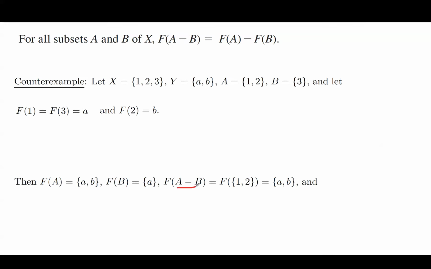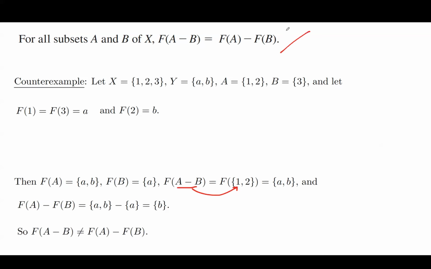So A minus B is this set here. f of A minus B is equal to a and b. And f of A minus f of B, f of A is this set, and f of B is this set. If I do the subtraction between these two sets, I only land with one element. So I just showed that f of A minus B is not the same as f of A minus f of B. So this statement in general is false because we could provide a counterexample for this universal statement.